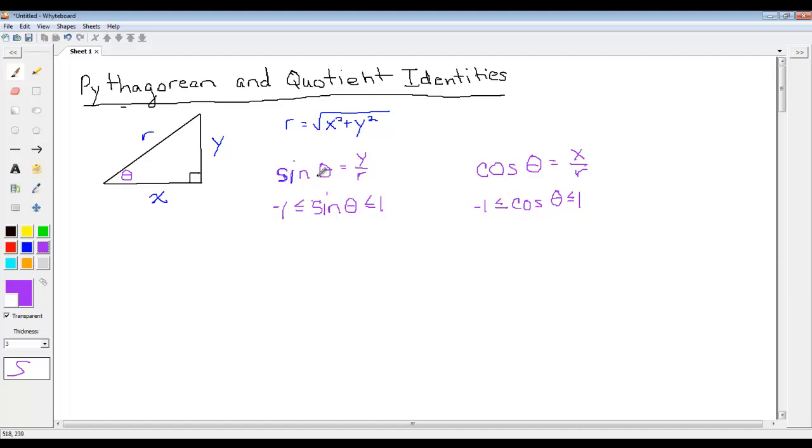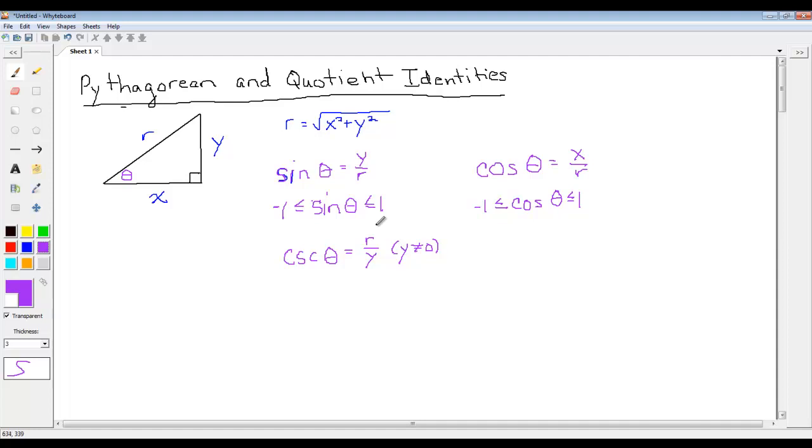Now if you look at their reciprocals, cosecant of theta is r over y. That's the reciprocal of sine theta, assuming y isn't 0. If it is 0, then you have something undefined, which happens too.